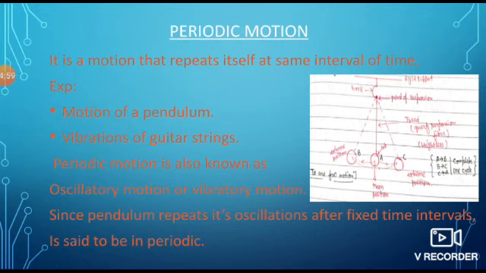Initially, the bob is at mean position, then moves to extreme position A to B, and then B to C, and then C to A, meaning it completes one oscillation or one cycle.